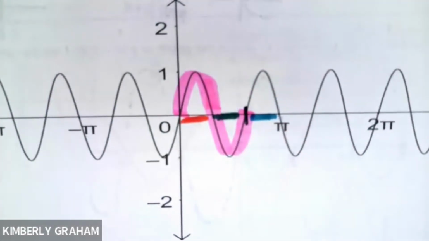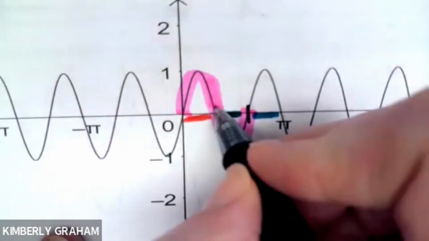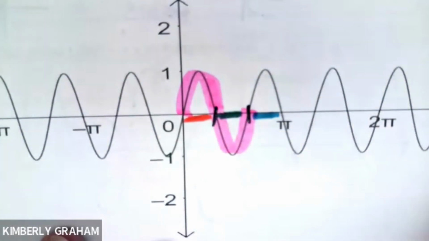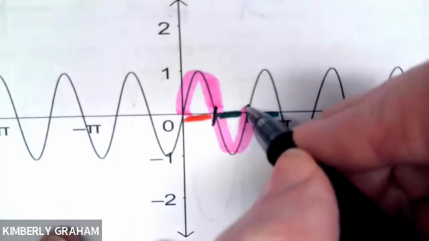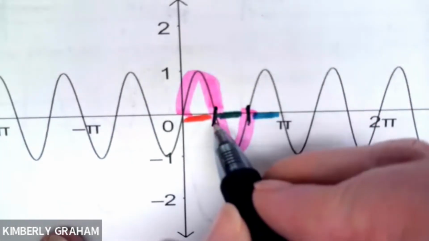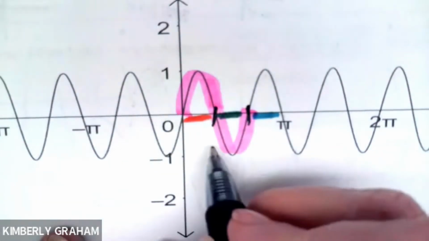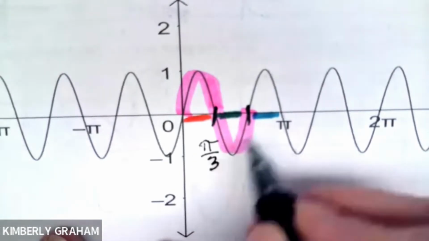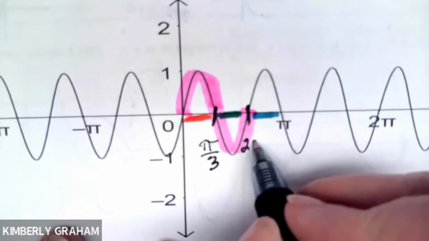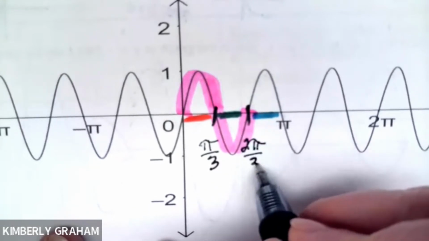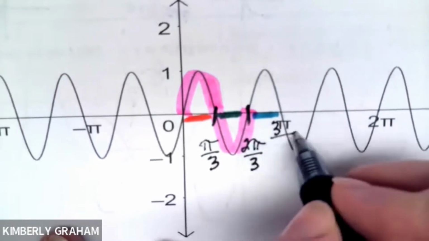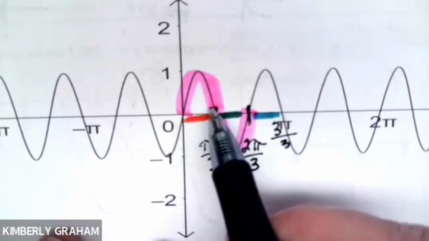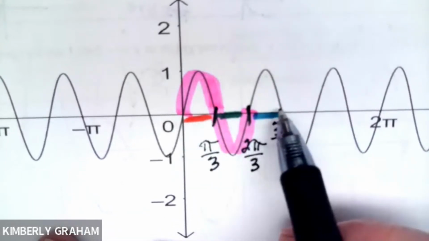So if I look at this x-intercept and this x-intercept, this is 1/3 of my graph. So this is 1/3 pi, or pi over 3. This is 2/3 pi, or 2 pi over 3. And this is 3/3 pi, right? 1/3, 2/3, 3/3.